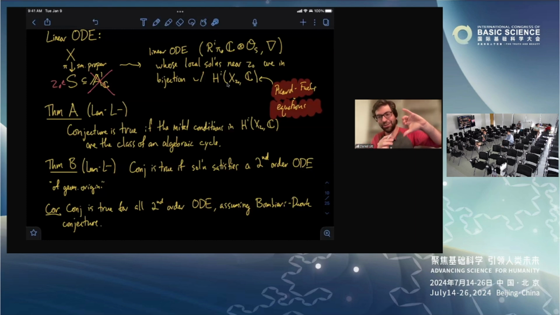Maybe the way I described a linear ODE before, you have d/dz minus A times f is zero, and that's a first order ODE. But if you have any second order ODE, you can always convert it into a first order ODE where A is now a 2 by 2 matrix. There's this companion matrix construction that lets you exchange the rank of an ODE with its order. I don't know if that answers your question. So somehow a second order ODE is the same as a two-dimensional flat bundle, well, with a cyclic vector.